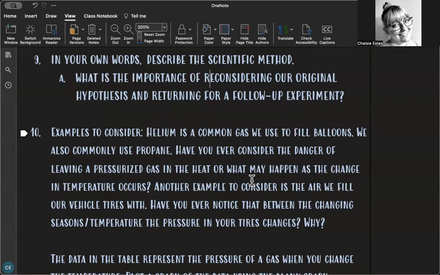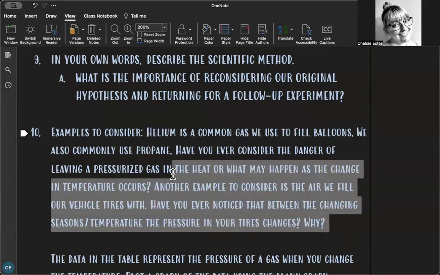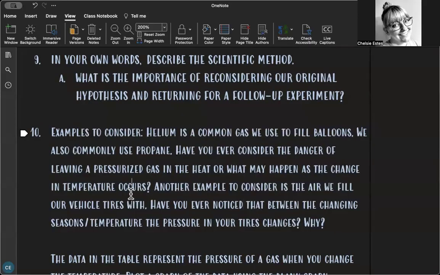Another example to consider is the air we fill our vehicle tires with. Have you ever noticed that between the changing seasons or temperature, the pressure in your tires changes? You know why, right? That's background information.